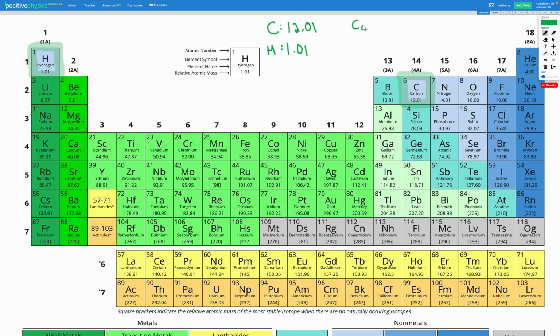And we have C4H10. So that's going to be 4 times the molar mass of carbon, which is 12.01, plus 10 times the molar mass of hydrogen, which is 1.01. If we add that all together, we're going to get a molar mass of 58.14 grams per mole for C4H10.